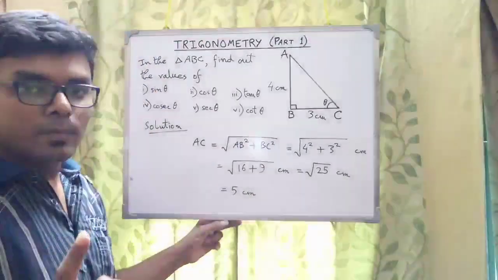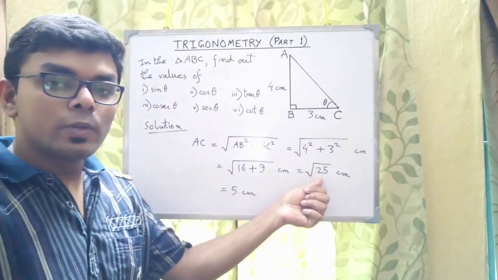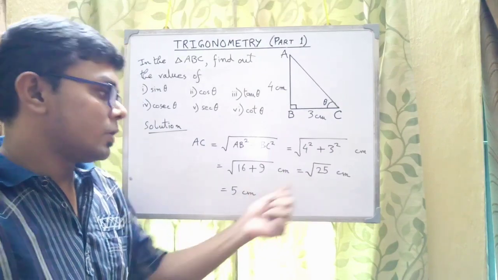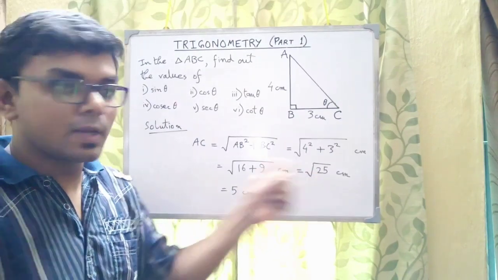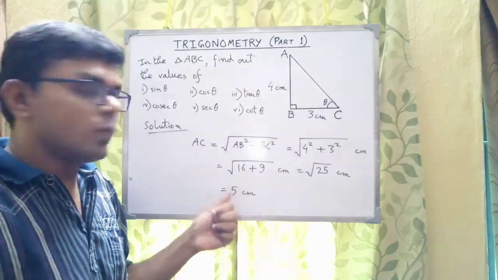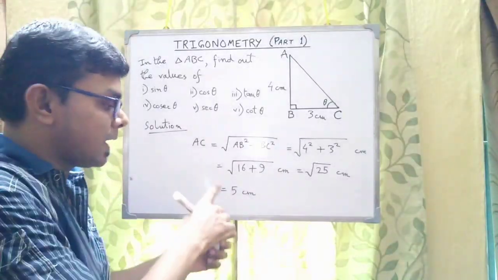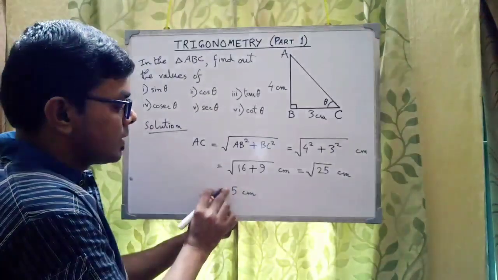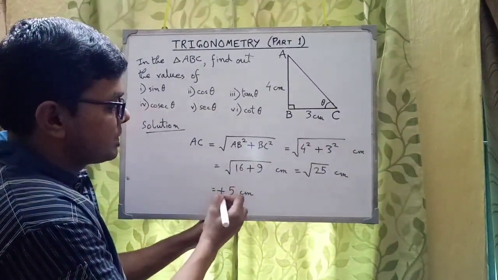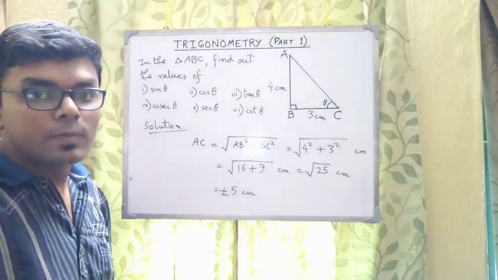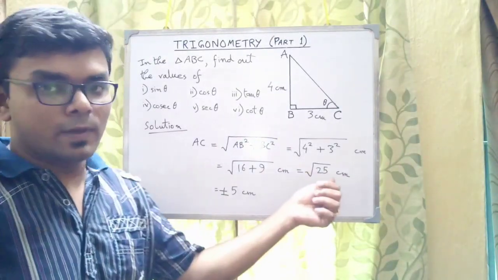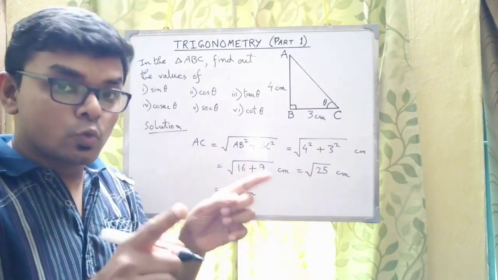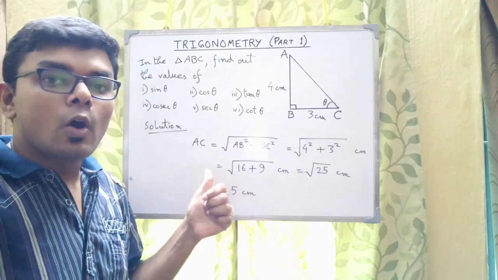Now one thing must be kept in mind: whenever we take the square root of a positive number, we actually get a plus and a minus. In other words, square root of 25 should be plus minus 5, because minus 5 whole square also gives 25. So square root 25 has two values, plus 5 or minus 5.